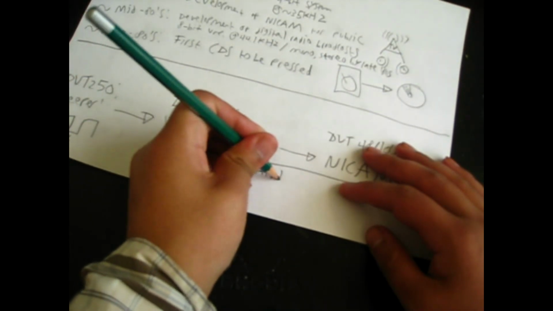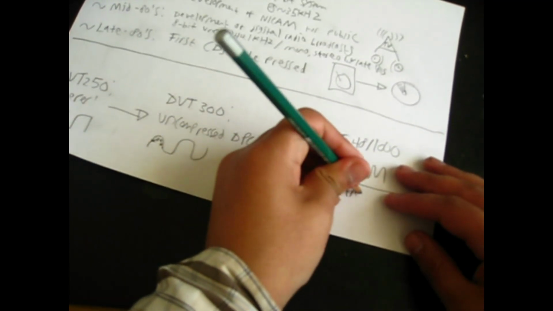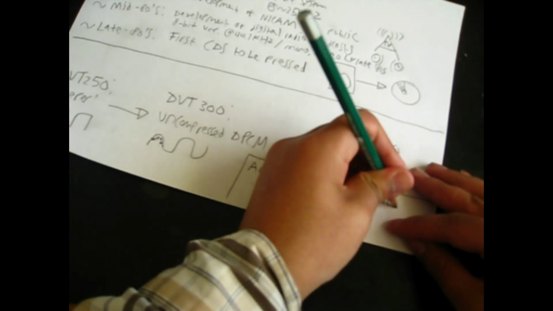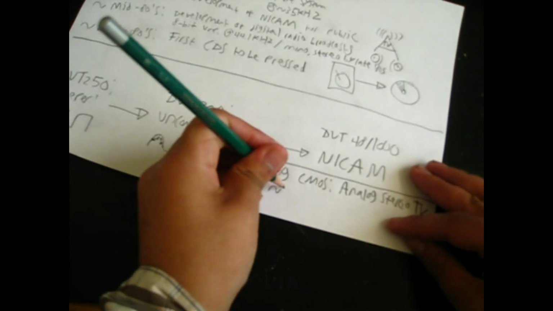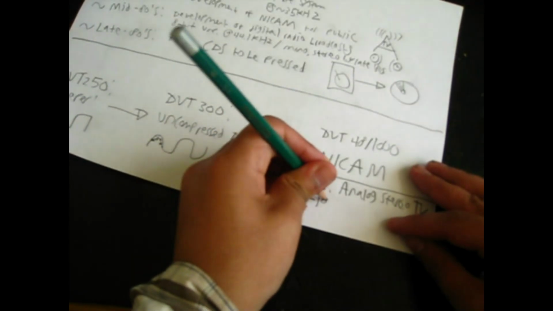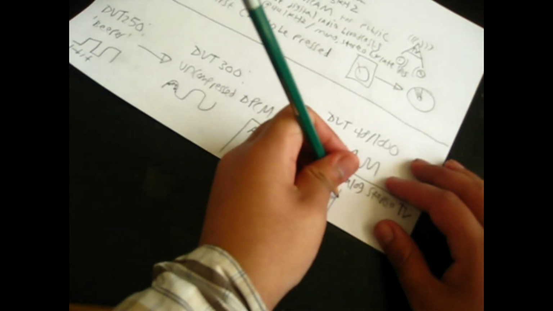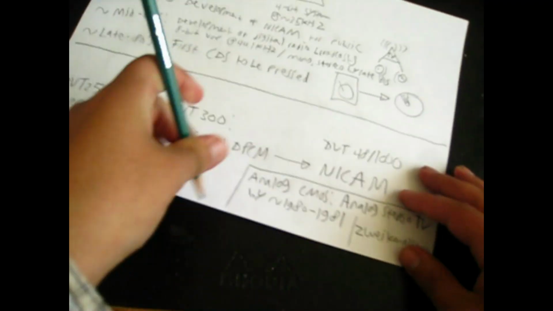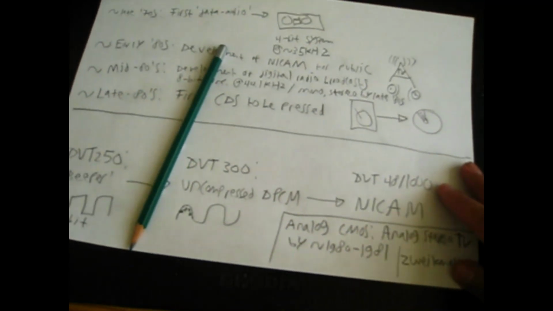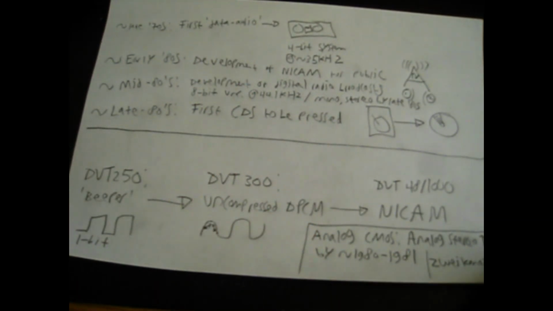So with analog CMOS, we would have had analog stereo TV by around 1980, 1981, fairly similar to what we had in our current timeline, using the so-called Zweikanalton system. That would have been fairly easy to develop because it's an analog system, especially here in the Netherlands.